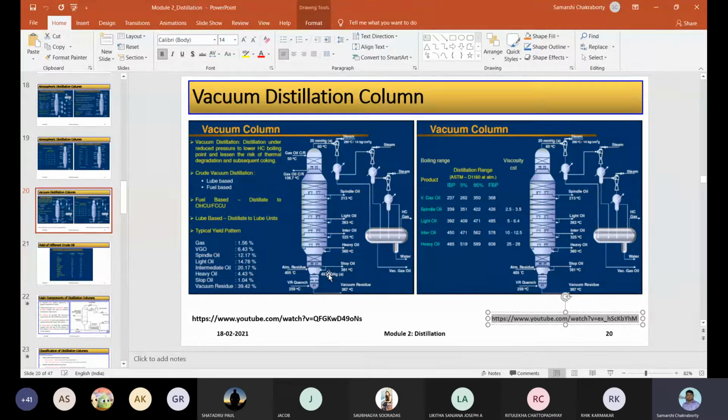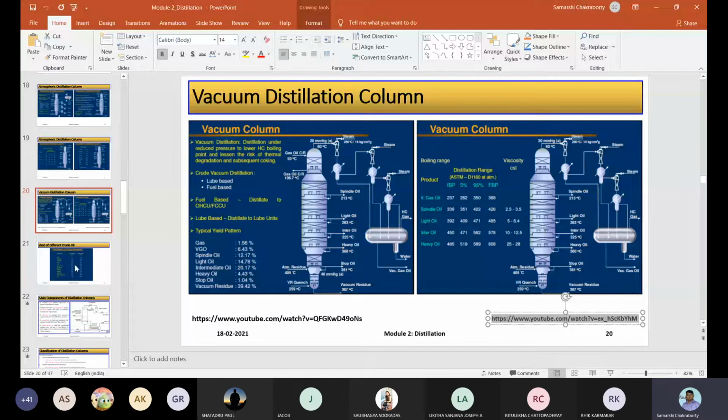If there is an adverse vapor flow condition, the quality of the product is going to be really poor. For that purpose, I have a video to show you. By looking at this video, you should be able to understand how the vapor-liquid interaction, or the vapor flow within the distillation column, can affect your product quality.